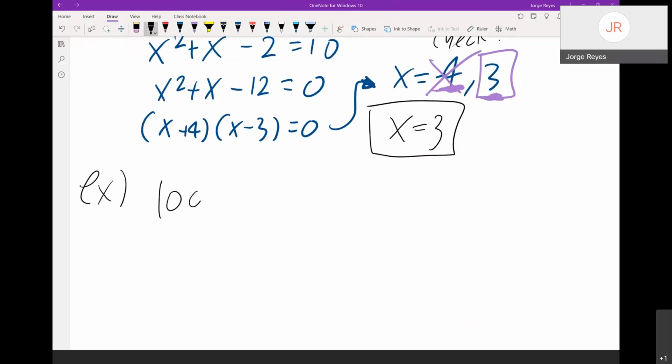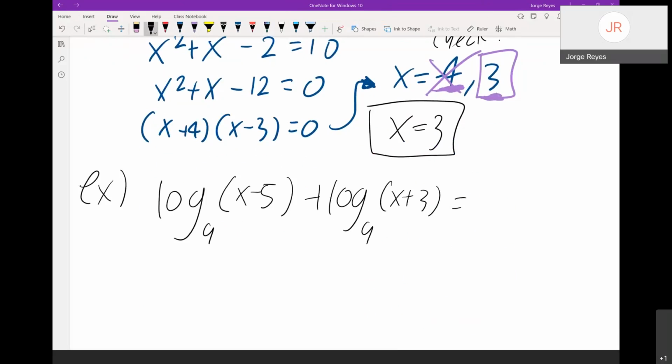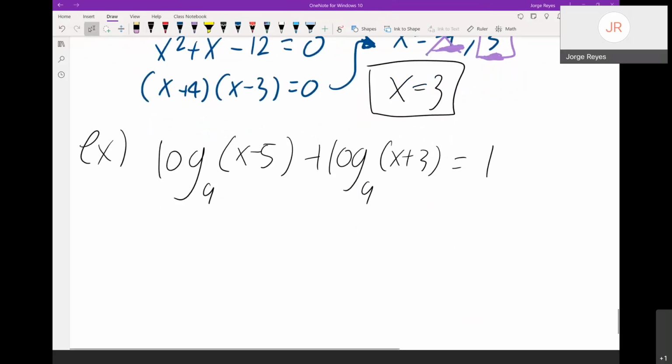So here's another example: log base 9 of x minus 5, plus log base 9 of x plus 3, equals 1. Okay. So same thing. I'm gonna have to get one log here. So x minus 5 times x plus 3 equals 1.